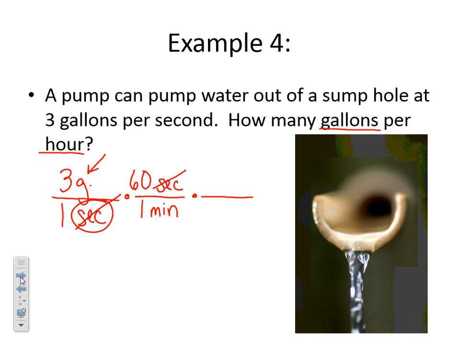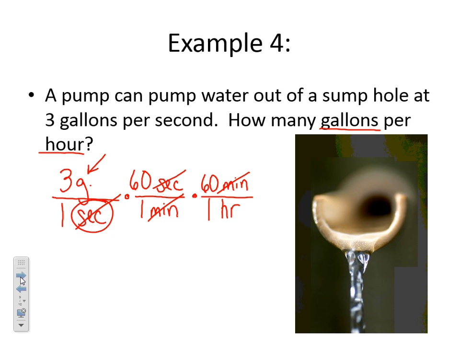Well, there are 60 minutes in 1 hour. 60 minutes, 1 hour. My minutes will simplify away, and I'm left with the gallons that I started with and hours as we created, and that's what the problem wants us to find, gallons per hour. So we want gallons in the numerator, hours in the denominator, and we have that.